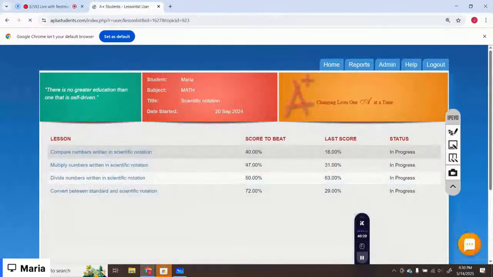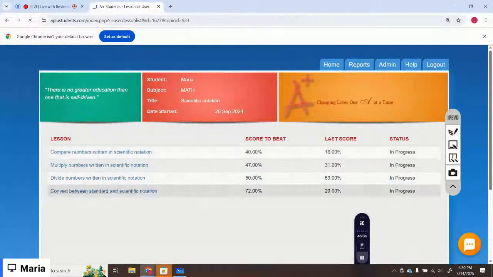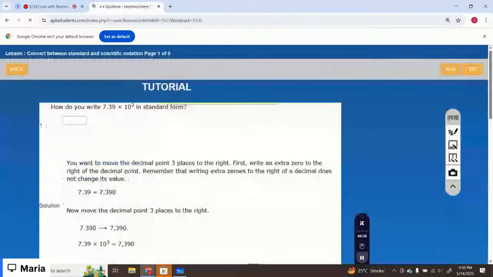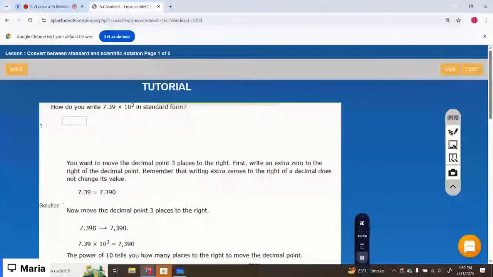The next lesson is working between standard and scientific notation. How do you write 7.39 times 10 exponent 3 in standard form?